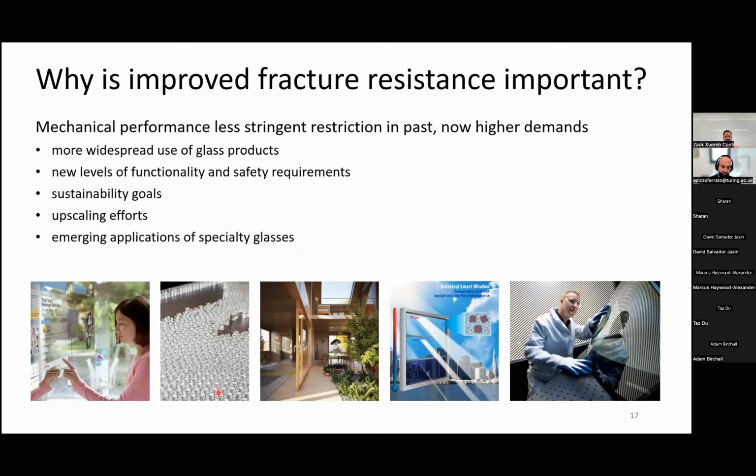Glass also played a big role during the pandemic for distributing the vaccines in glass vials, and the safety requirement for these types of glass is that you don't want small chips in the medicine or in the vaccine liquid, for example. There's upscaling to larger pieces of glass. There are emerging applications with higher requirements. And then maybe the most important one is that, of course, we want to lower the CO2 footprint of glass manufacturing.